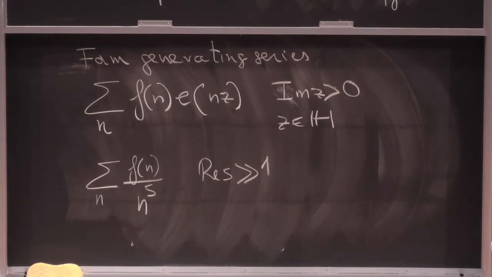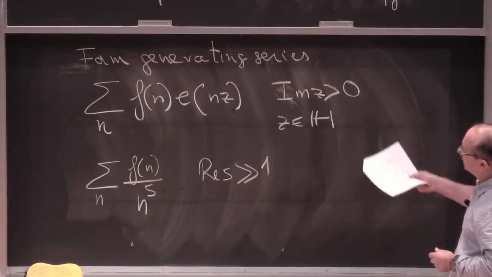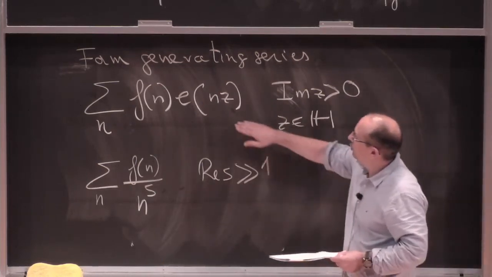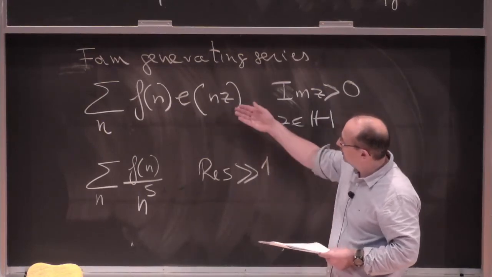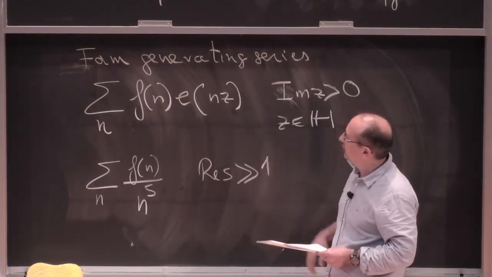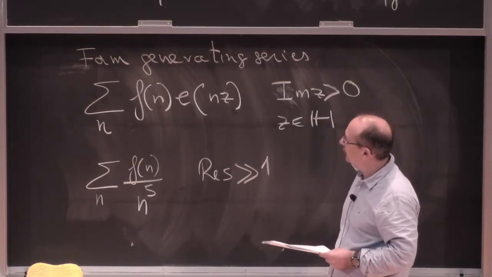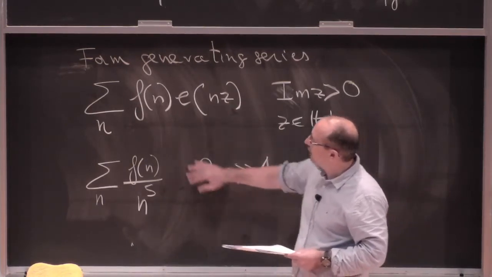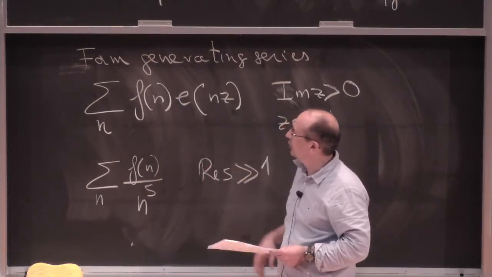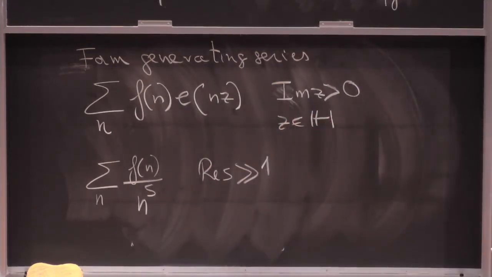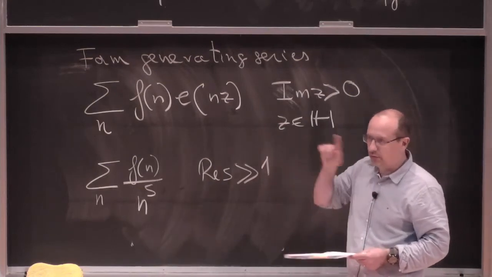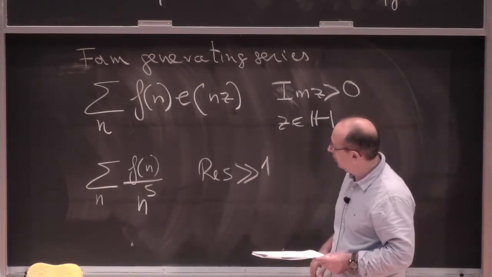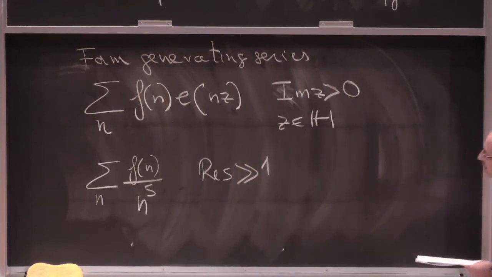And if you are lucky, your generating series will have nice symmetry properties, and then nice analytic properties from which you can deduce information on your partial sums by either integrating this series over the unit circle, or here by using the inverse Mellin transform.